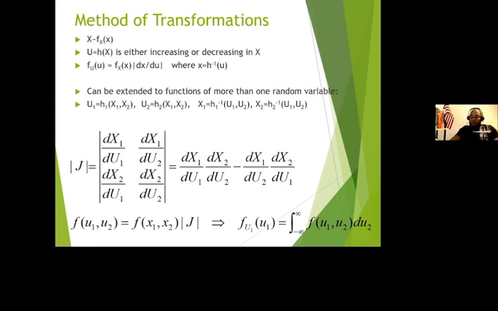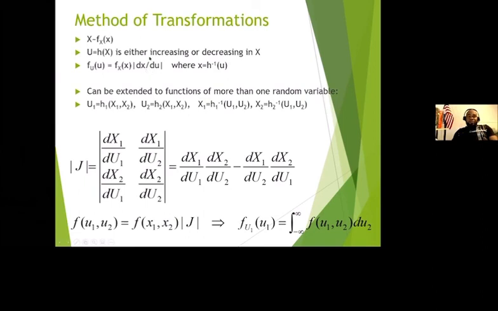Now you have f of x, and you have a new variable u that is also a function of x. It could be increasing or decreasing. And you know what this approach entails? If I want to go from f of x to f of u, all I need to do is to multiply the conventional f of x by the absolute value of the Jacobian.